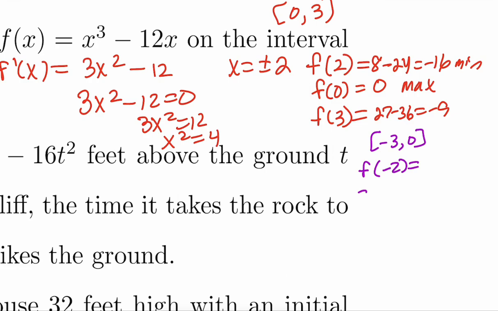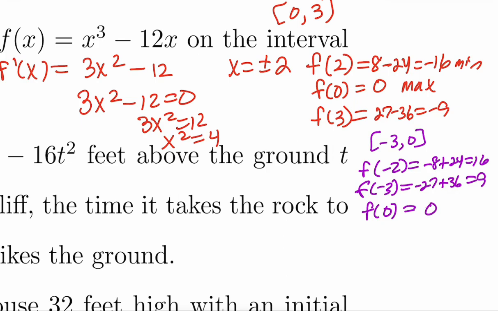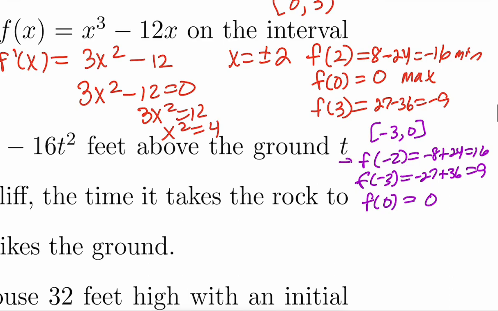You still have to plug in the endpoints of that interval. So this time we don't use +2, we only use -2. If you plug in -2, you get -8 plus 24, or 16. If you plug in -3, you get -27 plus 36, or 9. If you plug in 0, you still get 0. This time, this is our max, and this is our min.